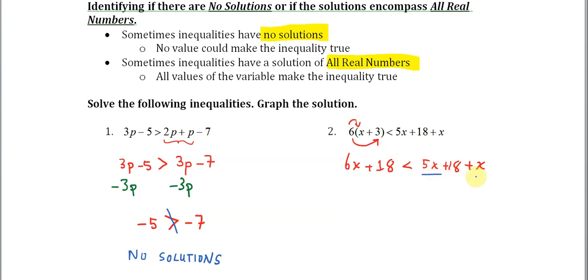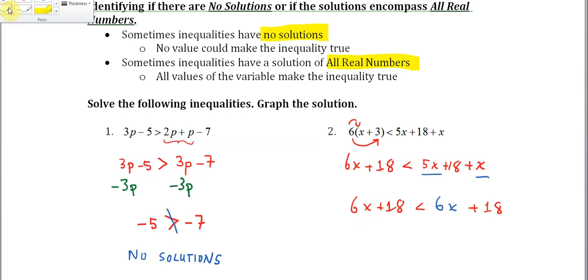Then we should combine our like terms. So we have 5x and x. That together gives us 6x, and everything else in the inequality is the same. 6x plus 18 is less than 6x plus 18. So now let's work out all of the details here.